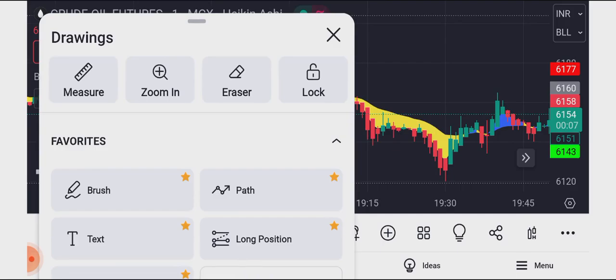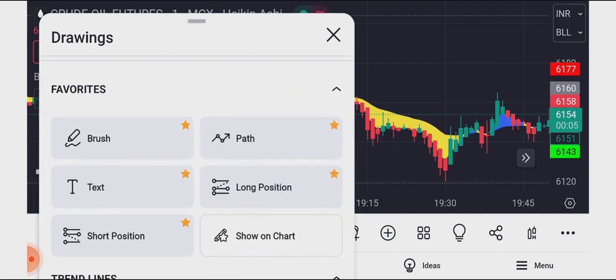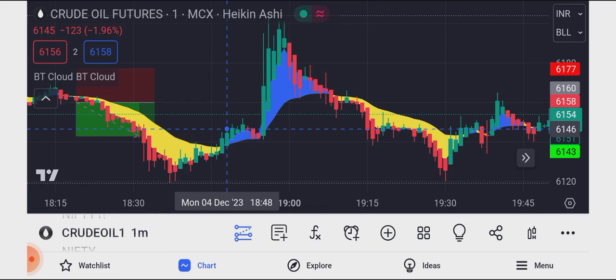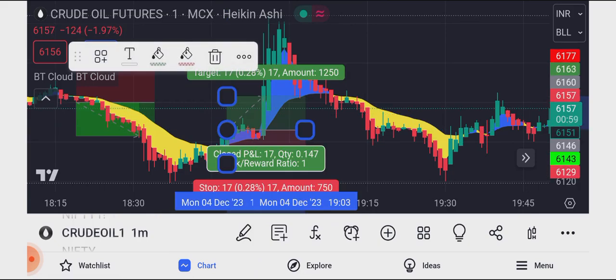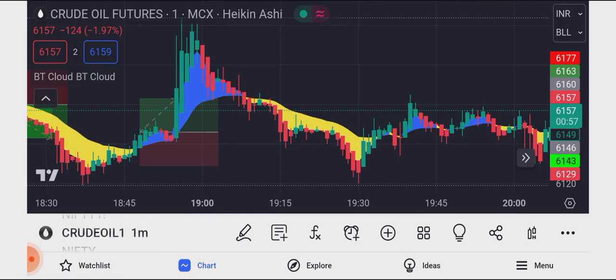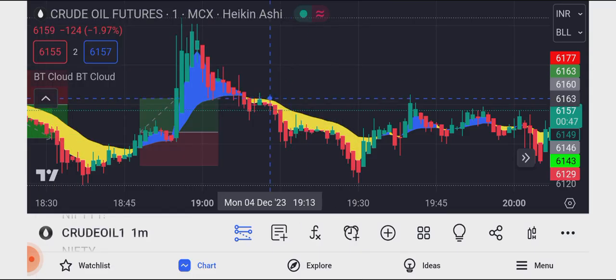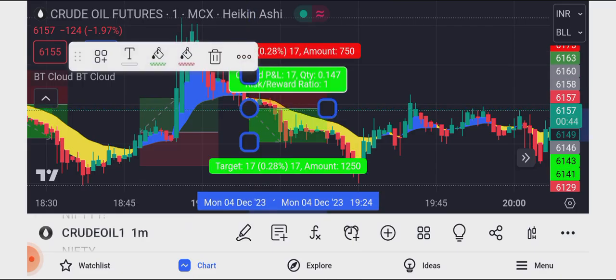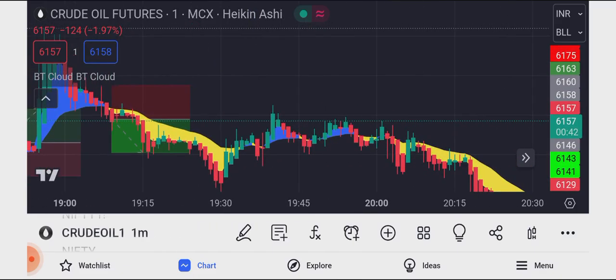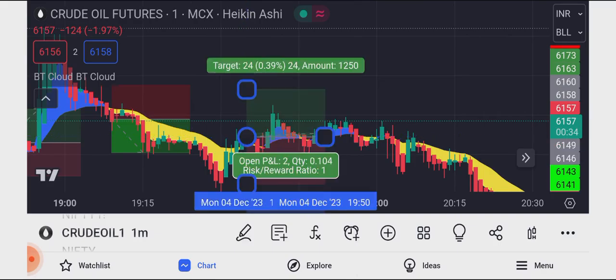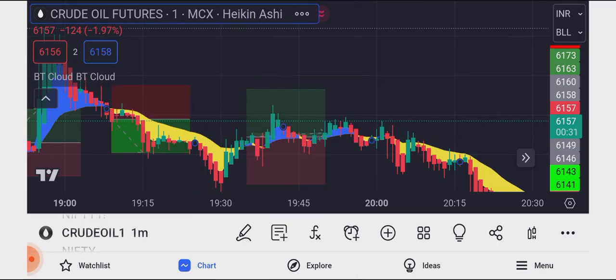Again a blue cloud is created under the candles, so we enter this trade. Again in this trade the minimum risk reward is 1 to 1, or you can trail this as per your convenience, using a trailing method. Now there is a sell generated, so again the sell is giving profit. Now there is a blue buy, so we go for buy, but it is giving losses.